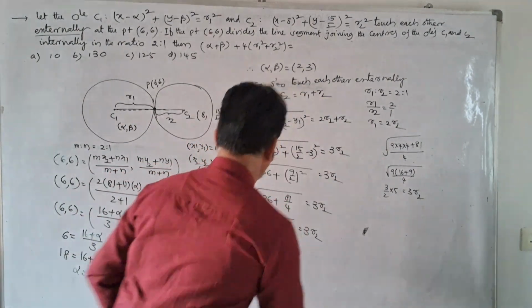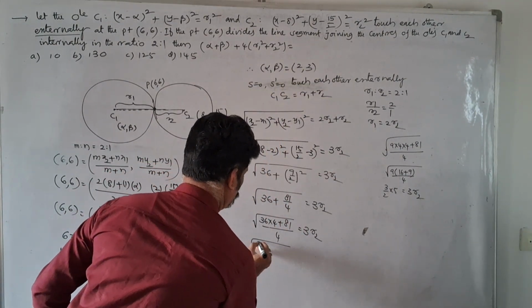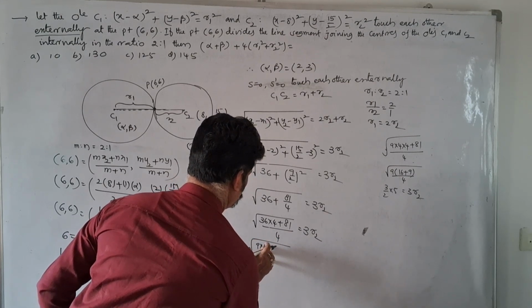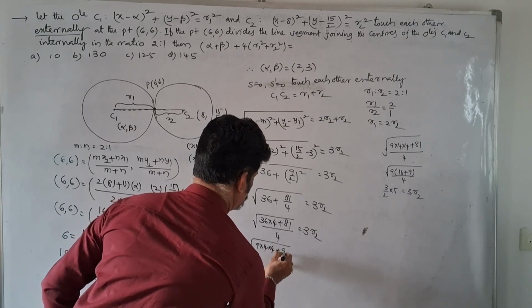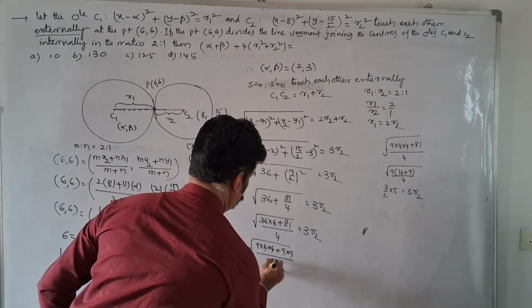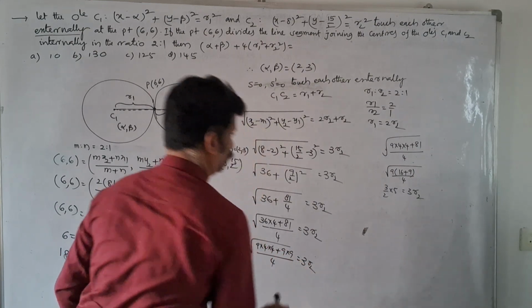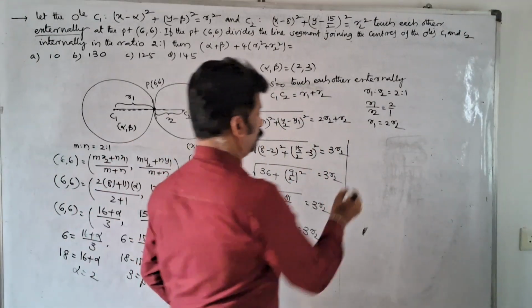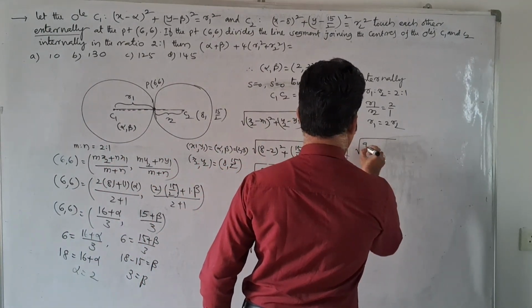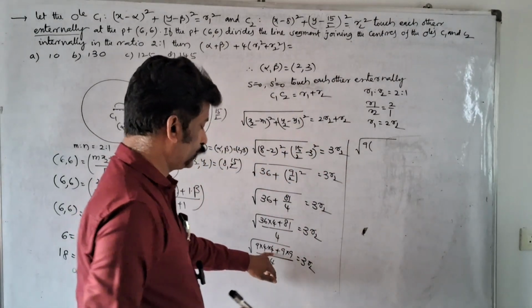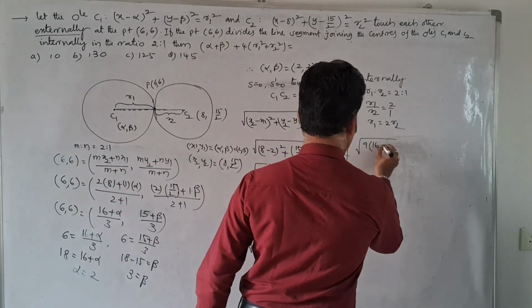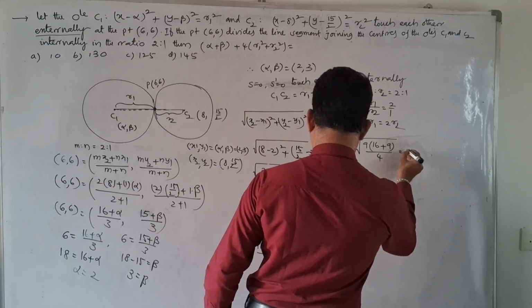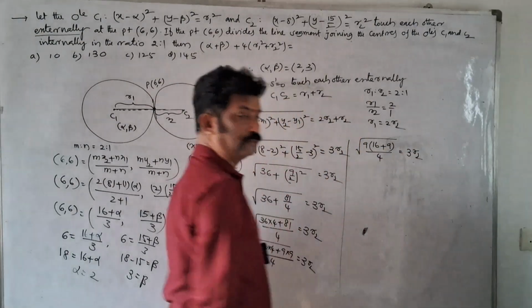Root over 9 into 4 plus 9 into 9 by 4 is equal to 3r2. Take 9 common here: root over 9 into 4 into 4, which is 16, plus 9 by 4 is equal to 3r2.